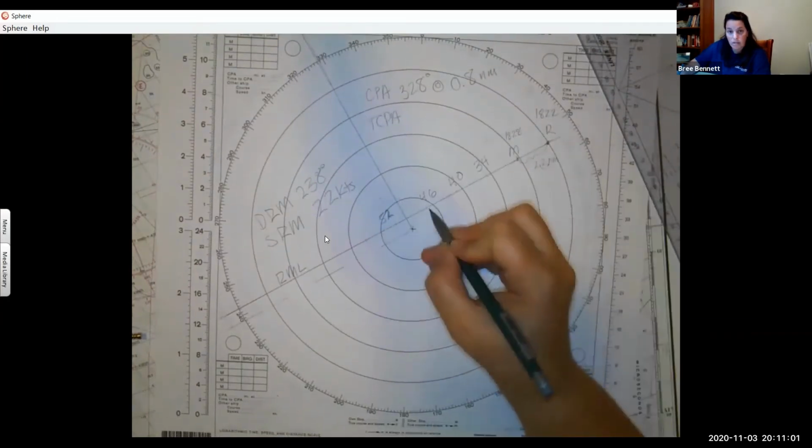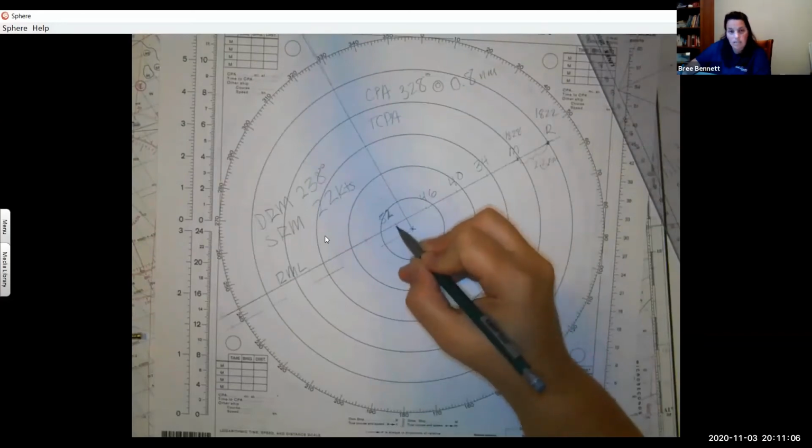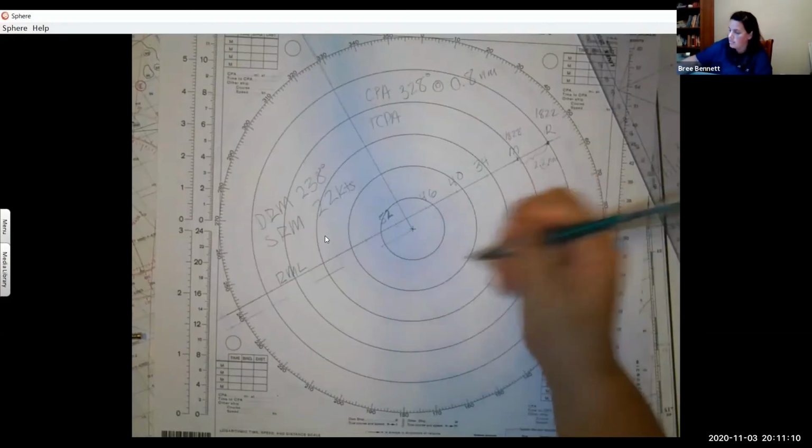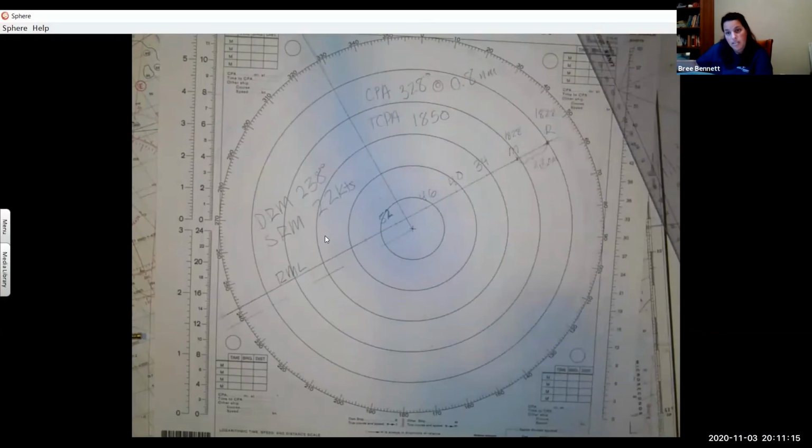So we're in between 46 and 52, and I would say we're leaning on the closer side of 52. So I might call this 1850 is our TCPA.